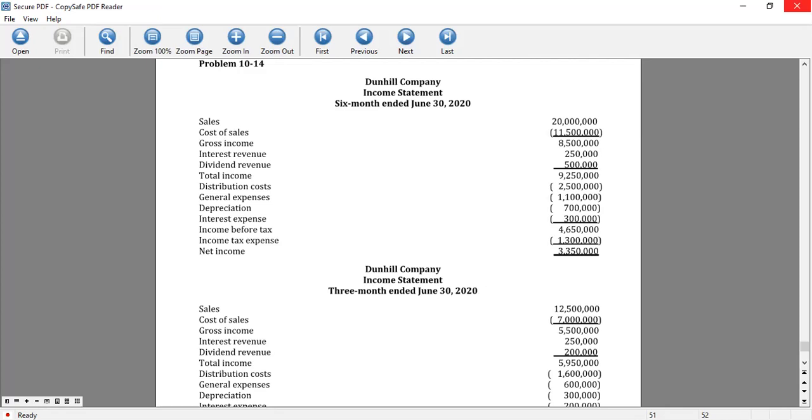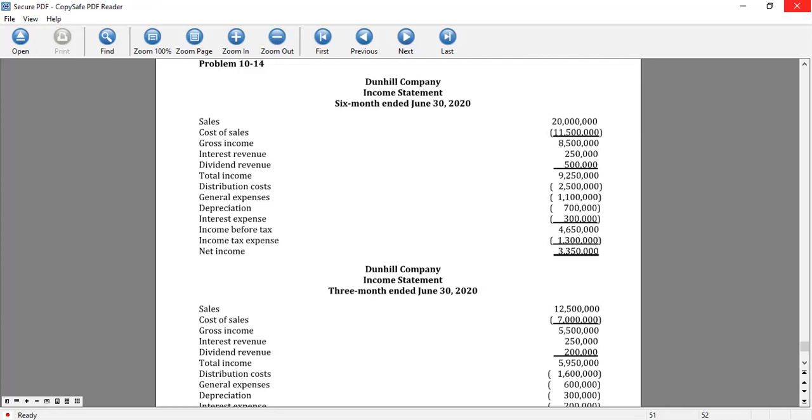Sales, good for 6 months, 12.5 million. We deduct 7.5. Okay, so we have now 20 million, good for 6 months from January to June. Then we deduct 7.5.